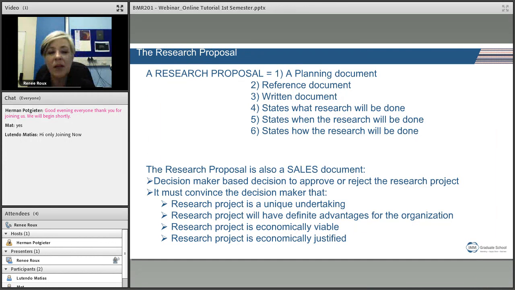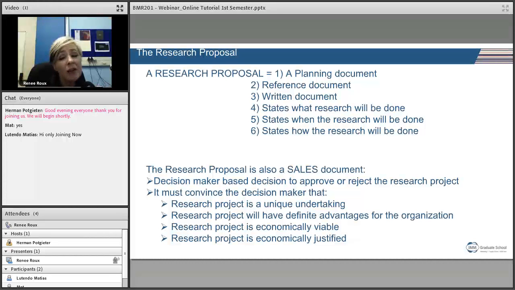Then the research proposal. The research proposal is at the end of your research design, but it is an extremely important document because it's a planning document. This is how you plan to do your research. It's also a reference document. If anyone comes in new into the project, or someone leaves a company and someone else has to take over, that's your reference.